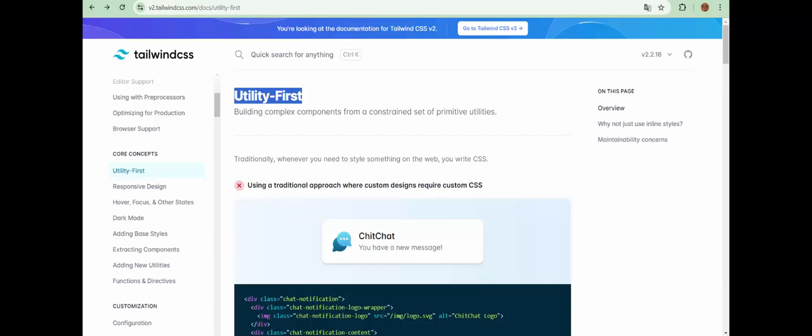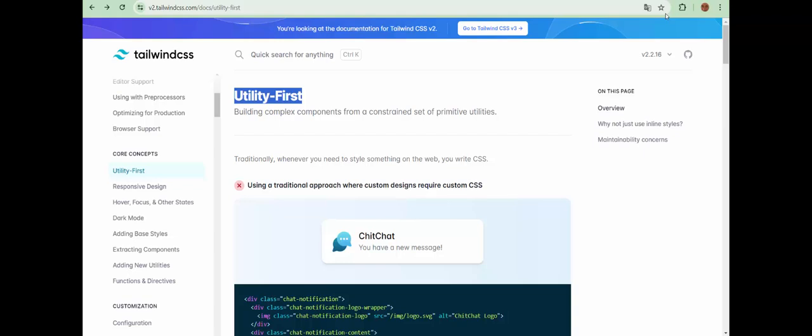And okay, utility first, utility class first. It is knowledge. It is what we must know, the idea of Tailwind CSS. But now, here is the documentation of Tailwind CSS.